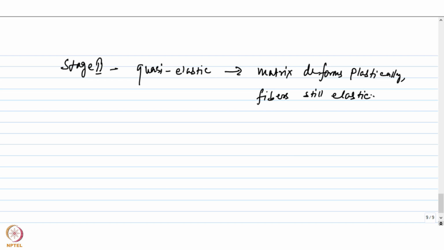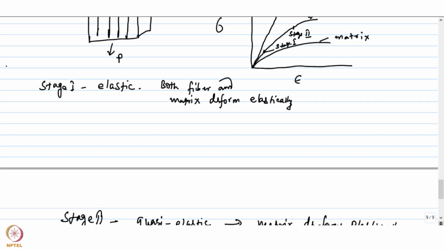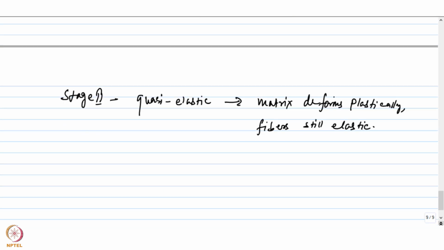While in stage one, the elastic modulus can be obtained by the rule of mixture because both are in the elastic limit, here the matrix has gone into the plastic deformation stage and the fibers are still elastic.